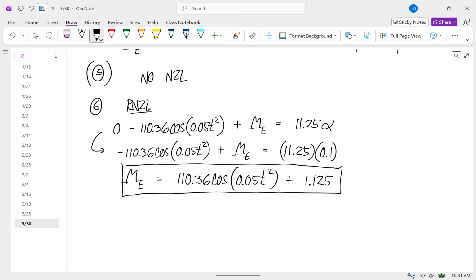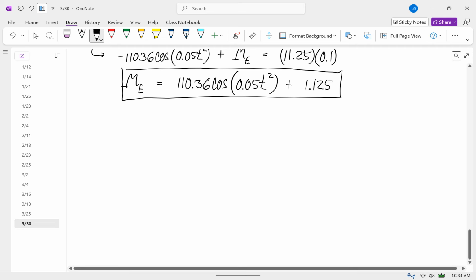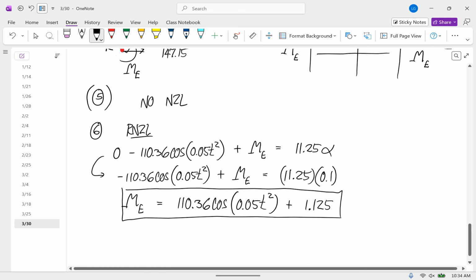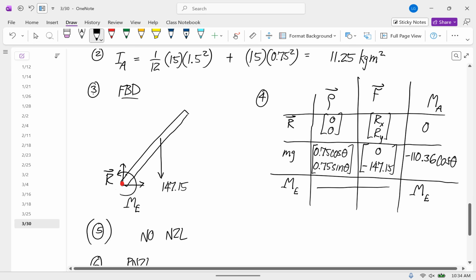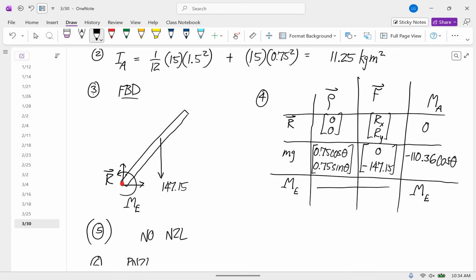Yep. I was wondering, would you be able to remind me of the definition of a couple? Yes. A couple is always two equal and opposite forces acting at a distance. That's why we cross out the force part of this table, because they're equal and opposite. So the force ends up being 0. You could also just fill that in as a 0, 0 vector.